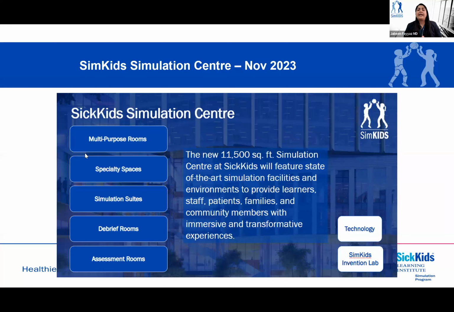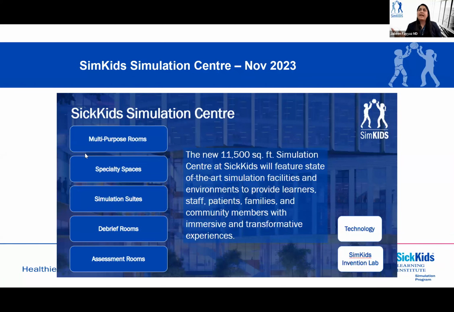I'm not showing it for the sake of showing it. It is just to tell you what capabilities we have at our Sim Center. We just got this Sim Center 2 weeks ago in November. Before that, our Sim Center was only a 1,600 square foot space with only 2 rooms.